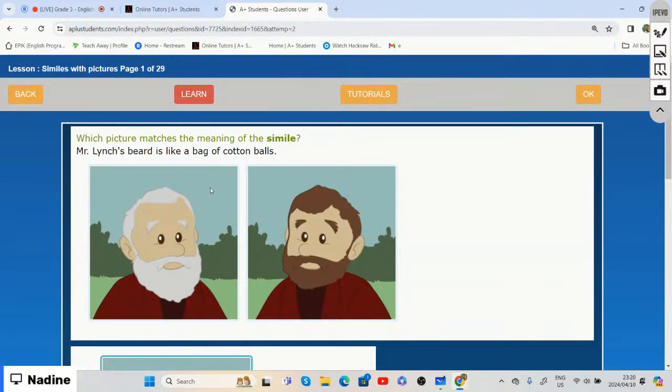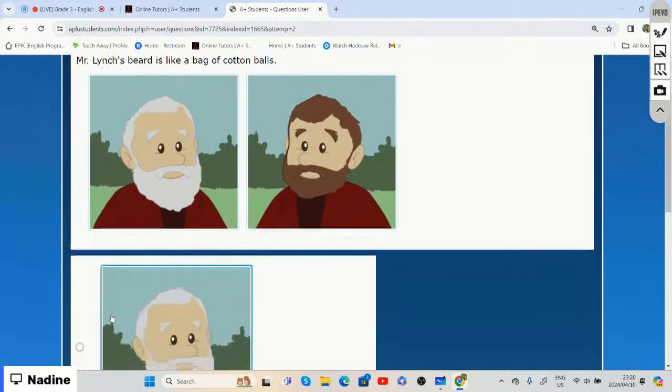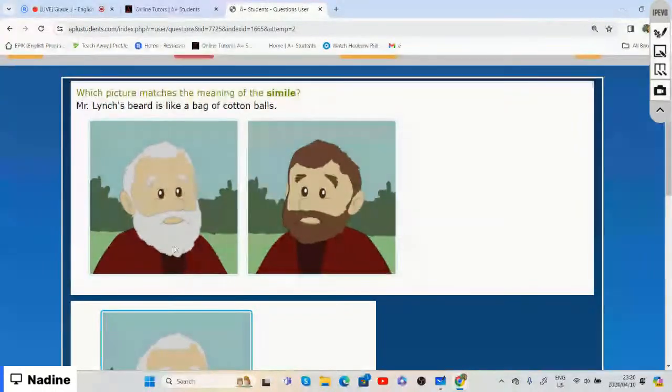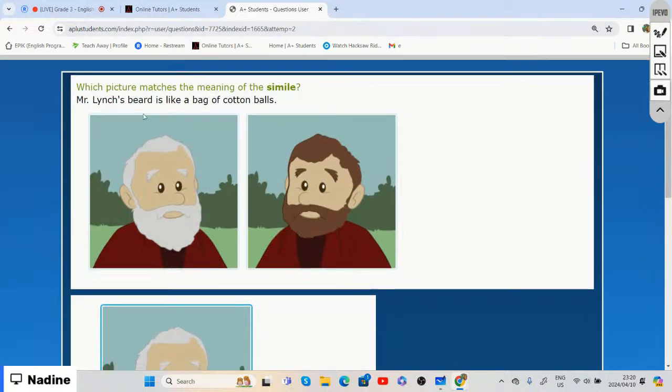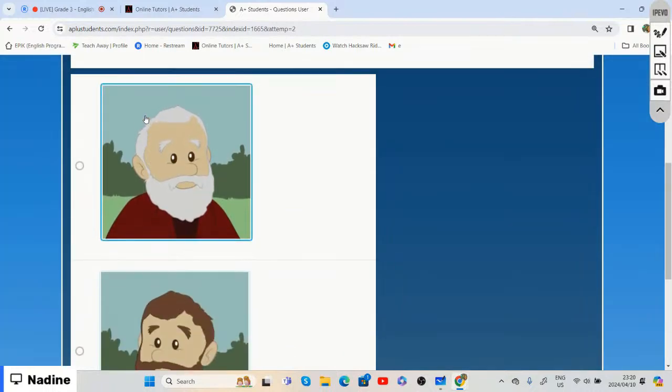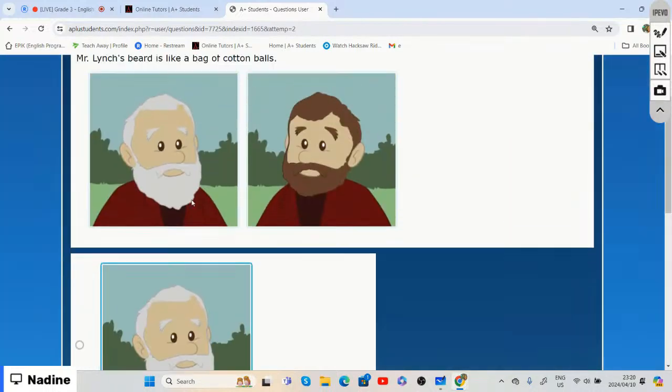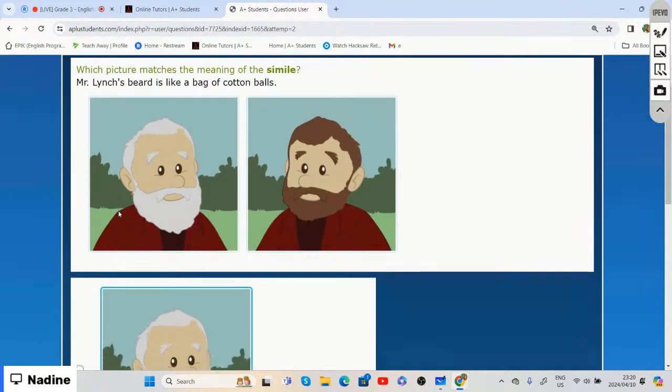All right, if we now look at these two pictures, it says, Mr. Lynch's beard is like a bag of cotton wool ball. We need to say which one do you think we are talking about, Mr. Lynch?